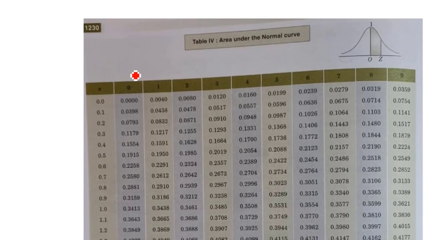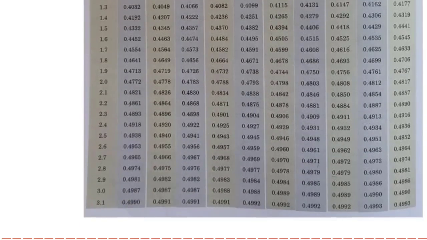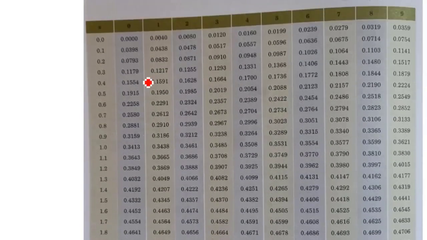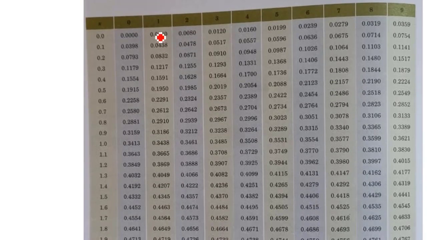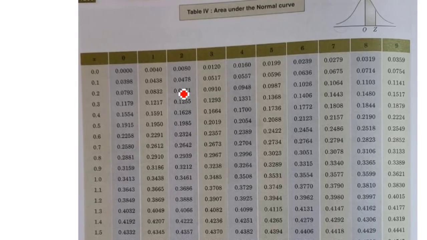These are the variables varying from 0.1 to 3.1, and these are the columns 0.01, 0.02 and so on, and these are the rows. So what is the meaning of this?